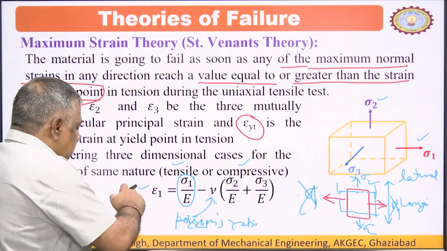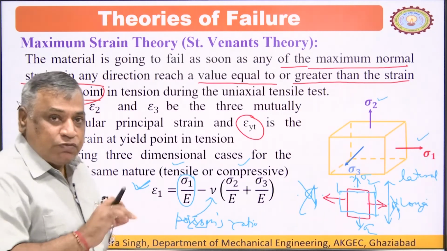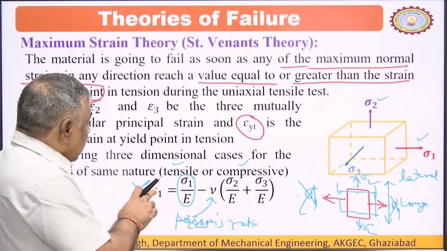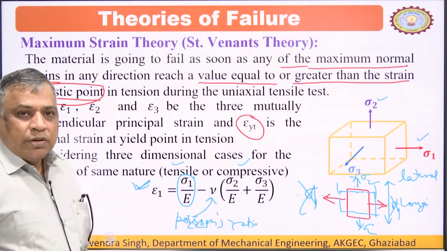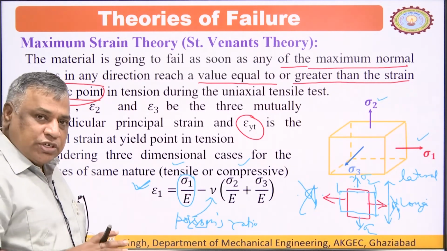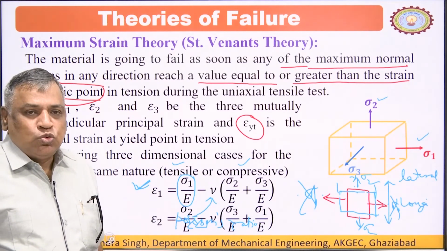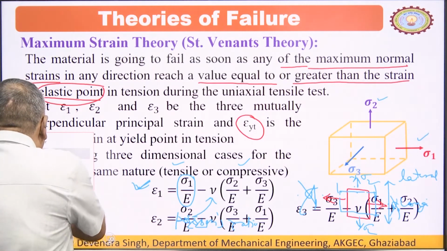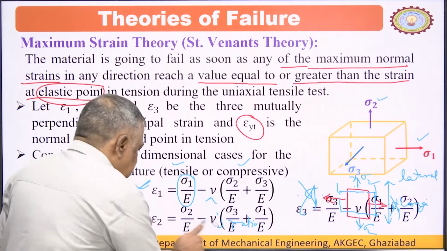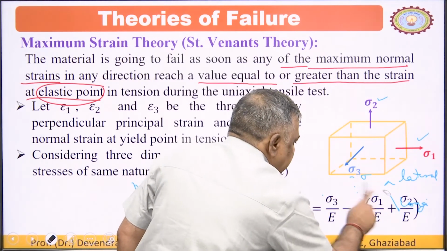So this is the net strain epsilon 1 in the direction of sigma 1 under the effect of sigma 1, sigma 2, sigma 3. This you have already learnt in your strength of materials. Similarly, you can write for epsilon 2 and epsilon 3. Similarly, you can analyze these easily. These are your expressions.